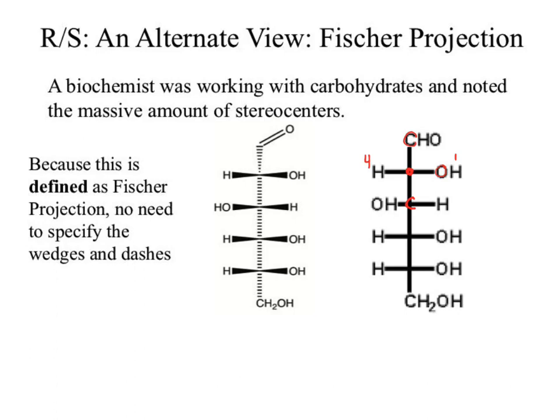There are two big answers for why it's the top one. Fischer, by definition, said the highest priority is at the top, so that kind of works within our carbon chain. The other way to look at it, that carbon goes out to an oxygen. Well, so does this one. Remember, it's a carbonyl.